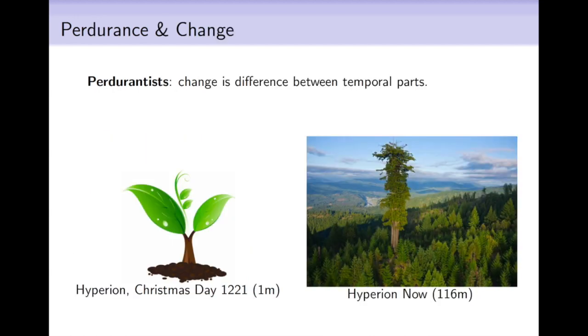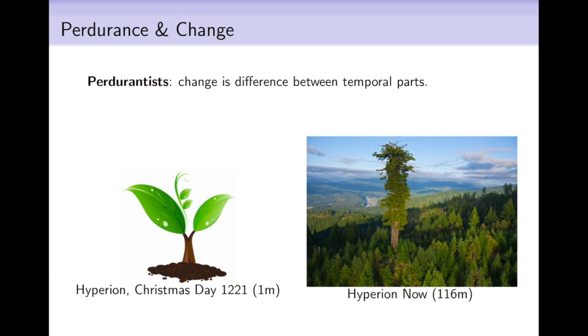Now, all right, so we've said a bit about what the Perdurantist view says. But how exactly does it account or deal with the problem of change that we've identified? Well, for the Perdurantist, change is to be understood as difference between temporal parts. So I'm switching the example slightly away from Ian McKellen.